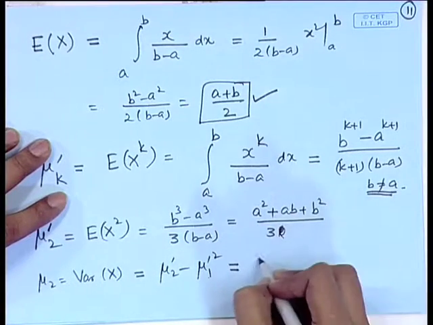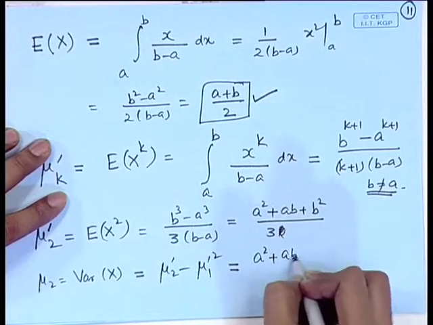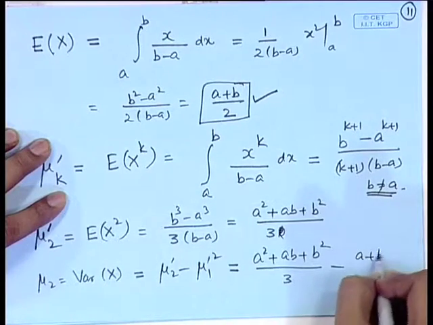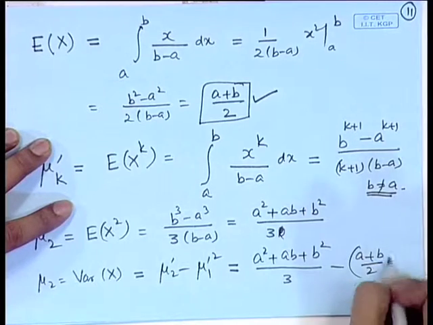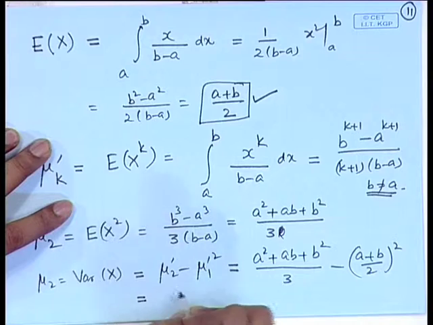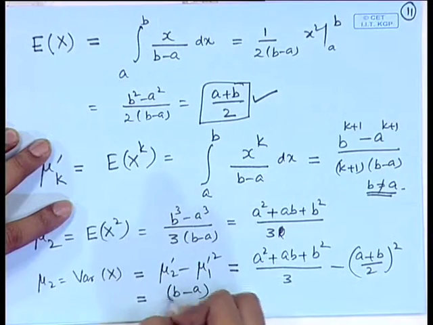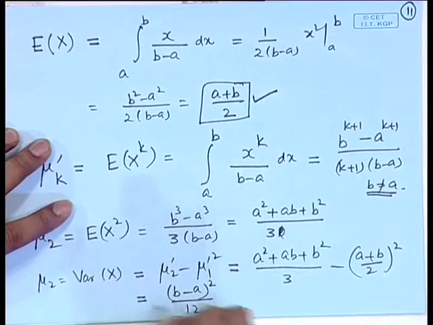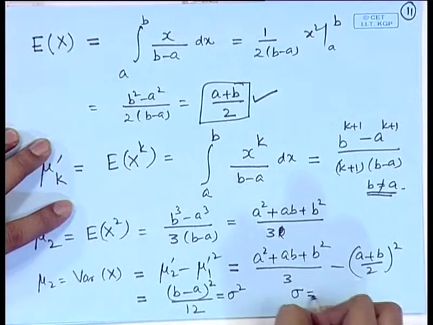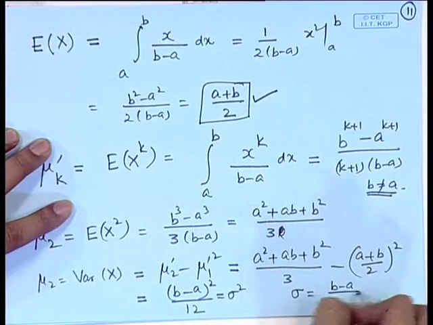So, after some simplification, we can make the simplification here. This turns out to be b minus a whole square by 12, that is sigma square. So, the standard deviation of this distribution is b minus a divided by root 12, that is 2 root 3.